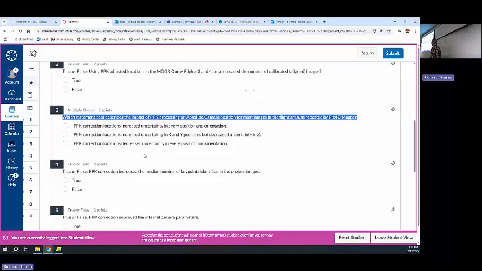Image quality, right? So how good is our camera? And all those camera elements that we're going to talk about on Tuesday that are in Module 4. So my shutter speed, my aperture, my ISO, those are going to be the things that impact the number of key points.